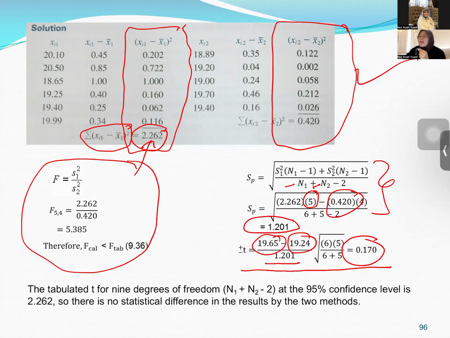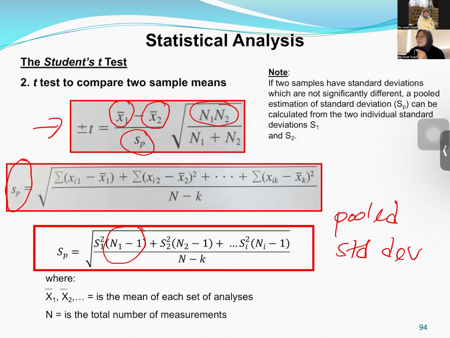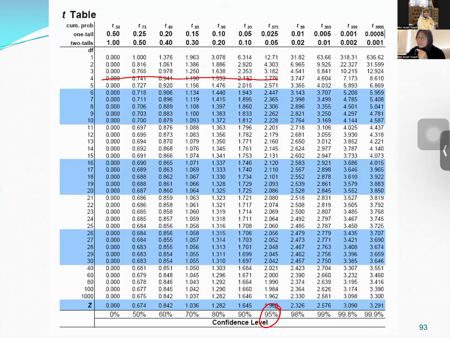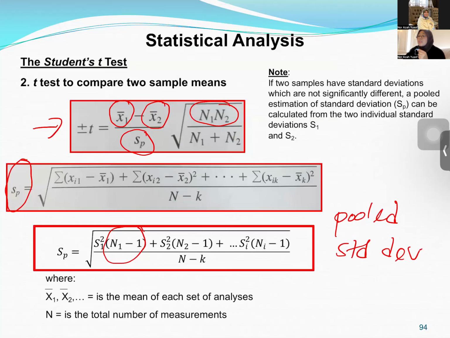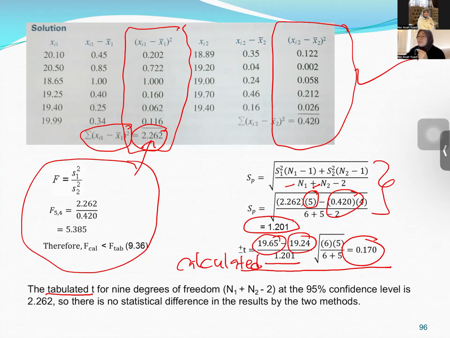What we need to do next is to find the tabulated T, since this is the calculated T. Again, you can use the same T table and the degree of freedom.